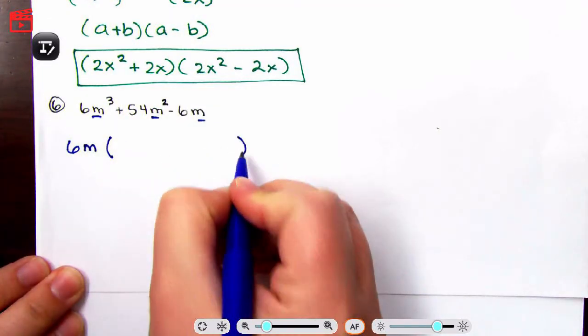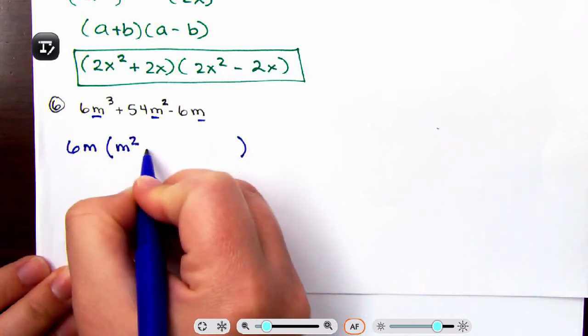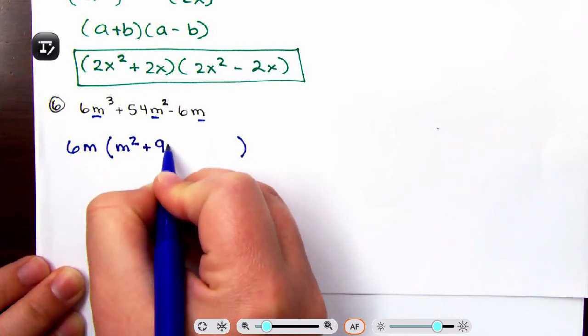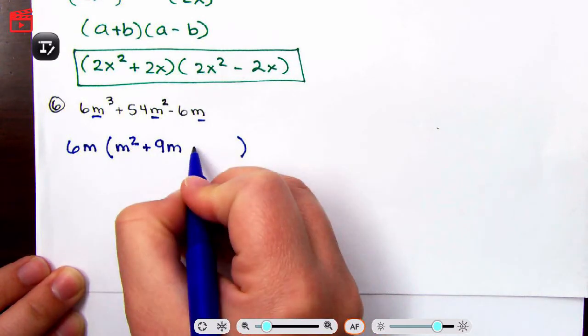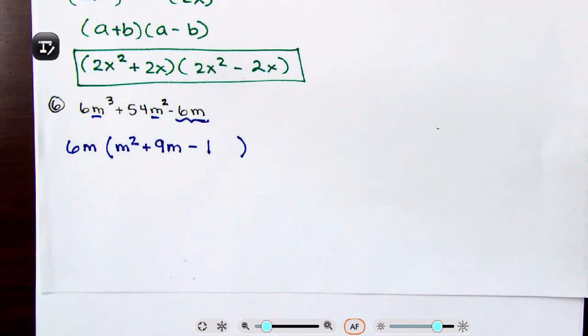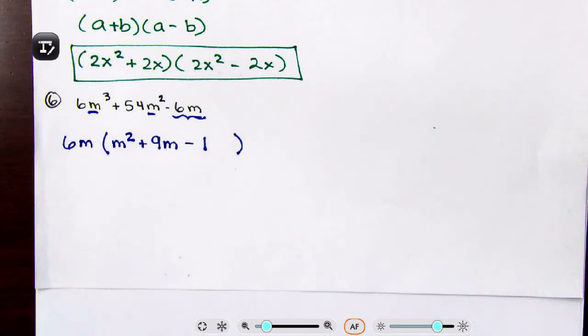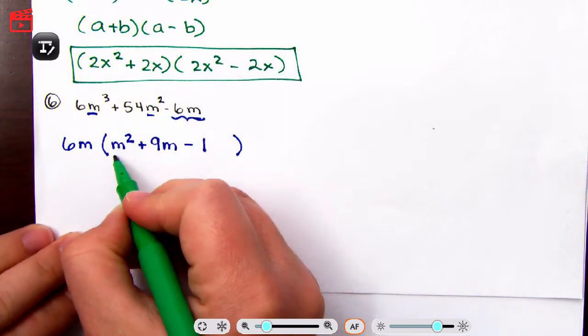What's left over is m squared, a positive 9m, and a negative 1. Remember, if you factor out the entire term as a GCF, you have to put in a placeholder, something to keep its spot. In this case, it's a 1, and it is a negative here, so it has to be a negative here as well.